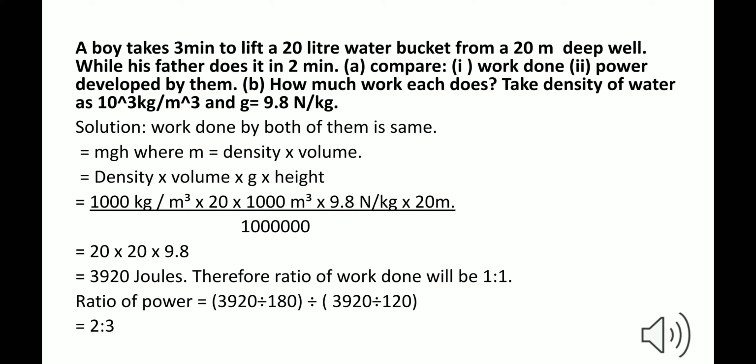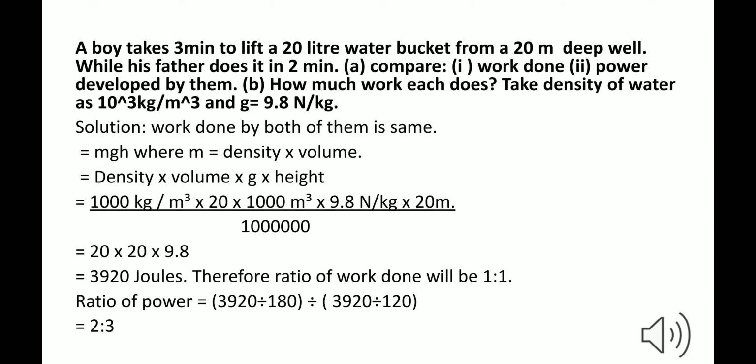Now if you see the units, kg and kg will be cancelled, meter cube and meter cube will be cancelled, and we will have Newton meter, and that is the work done. Now, while calculating, we get 20 into 20 into 9.8, which comes to 3920 Newton meter or joules.